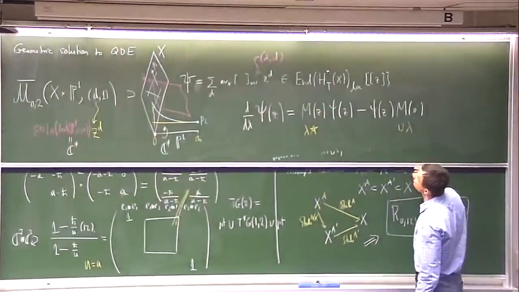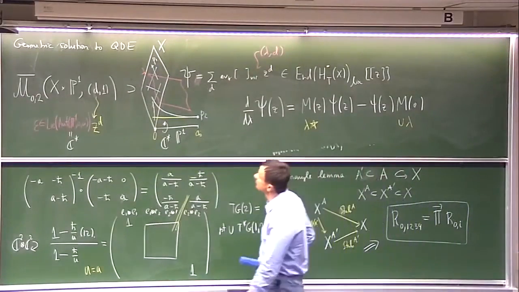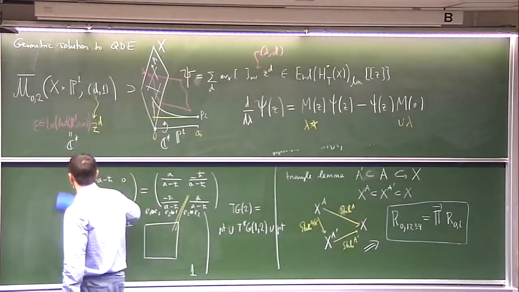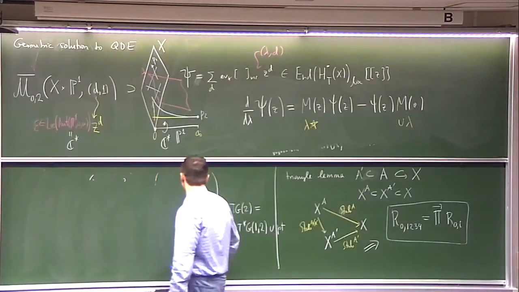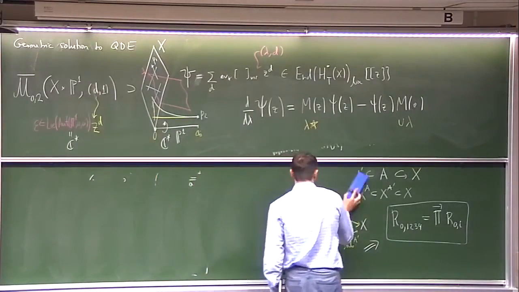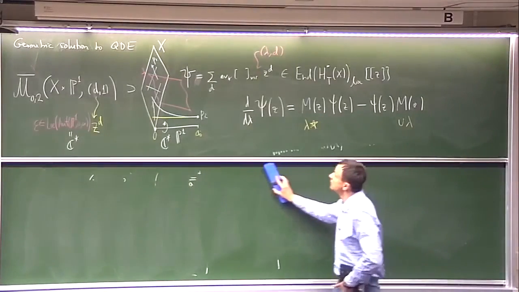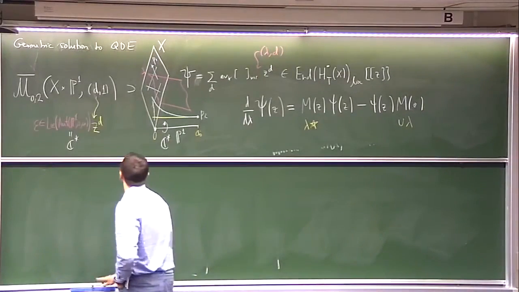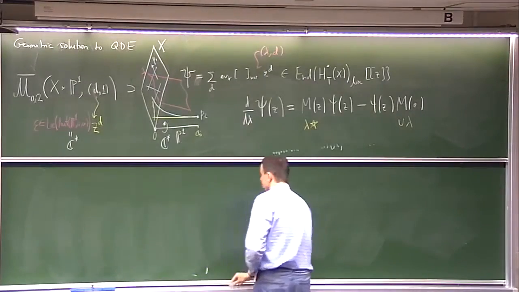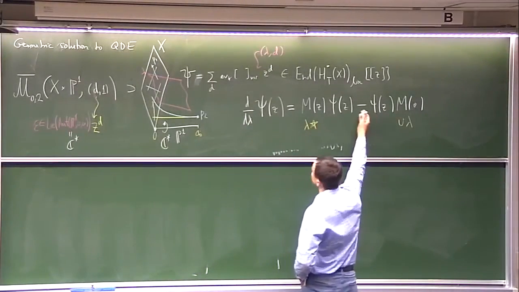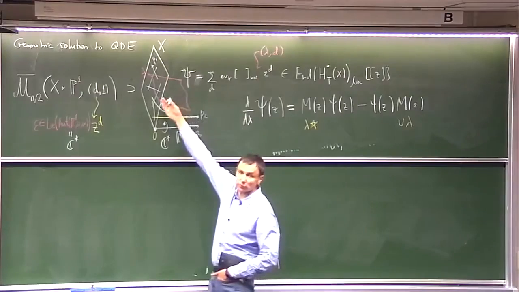And so in particular, here, the one row about which we care, we view it as an operator acting from the second marked point to the first marked point.